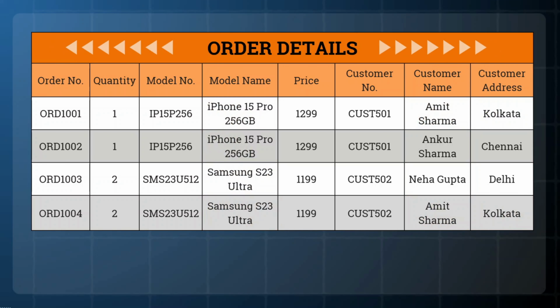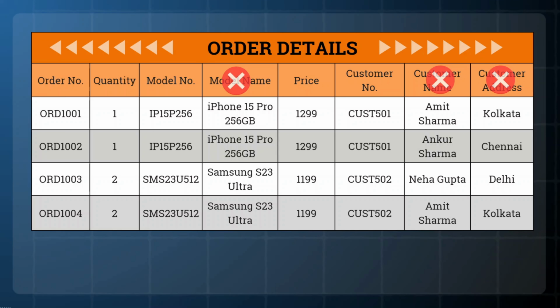Now think about it. If you already have the model number, there is no need to store the model name in this table, because if you know the model number, you can always find the model name from another table. Storing it again and again will only waste memory and create data redundancy. Similarly, customer name and customer address should not be stored here when we already have the customer number.